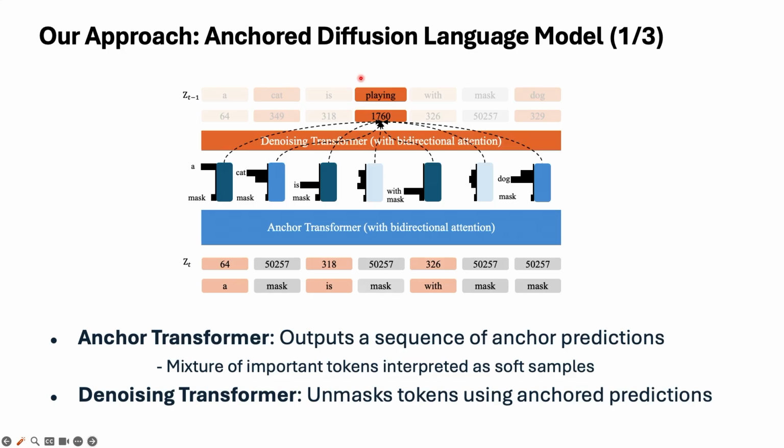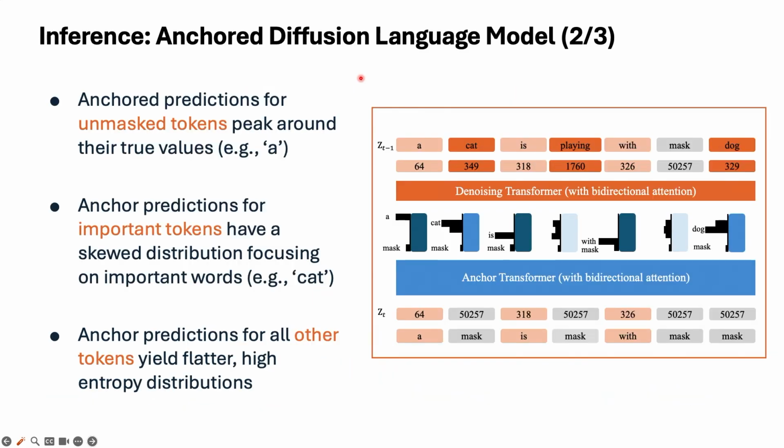So to summarize, anchors basically have three properties. For tokens that are already unmasked, it continues to peak around their true distributions. For tokens that are masked, corresponding to what it thinks are important tokens, it will peak at what it thinks those important words should be.